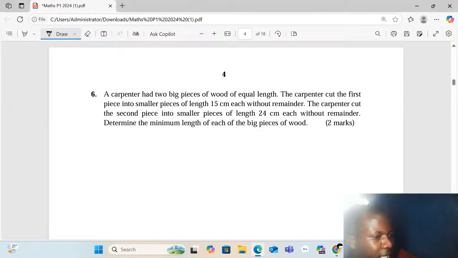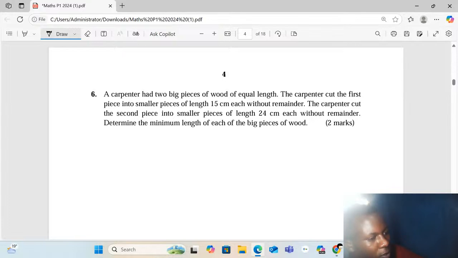The carpenter cut the first piece into smaller pieces of 15 centimeters each without remainder. Then the carpenter cuts the second piece into smaller pieces of length 24 centimeters each without remainder. Determine the minimum length of each of the big pieces of wood.